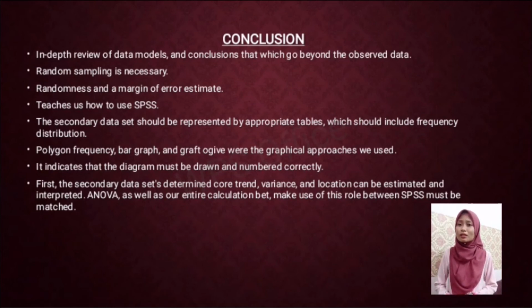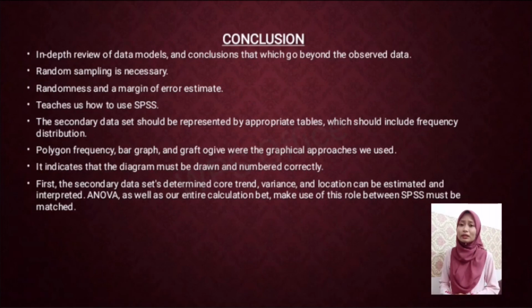Random sampling is necessary for generalizing our survey findings to the larger population, and random assignment is obligatory for developing hypotheses about cause and effect. Then, with both randomization and a margin of error estimate, probability models help to assess how far we can expect random variation in our findings so that our result itself can be assessed.